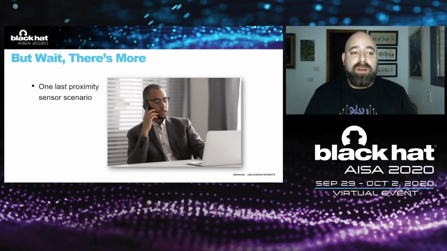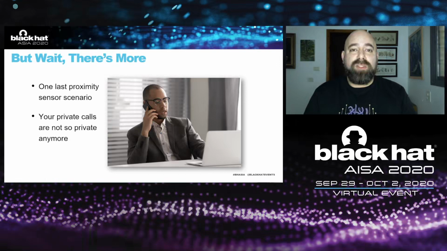So, how about using it to record a video when you talk? And now suddenly your private calls are not so private anymore. And this is the next and final evolution of our rogue application. And now the phone becomes not only a tracking device, but also an eavesdropping device that can hear every single word in a conversation of both sides.